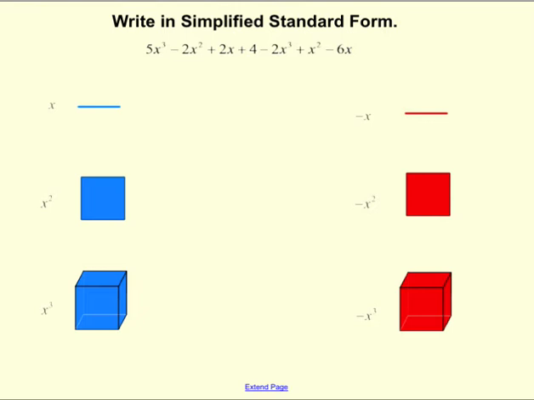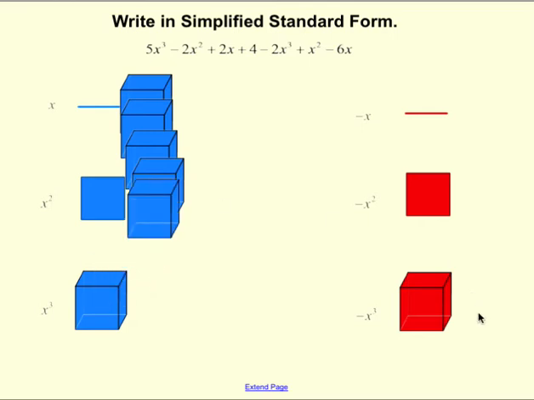So let's take a look at an example of something like this. The biggest thing is when you're combining like terms, you can only combine things that have the same exponent. For example, we have 5 cubes here. I'm just going to do this for 1. So we have a positive 5 cubes here, and I have a negative 2 cubes here. Then I'm going to use squares.